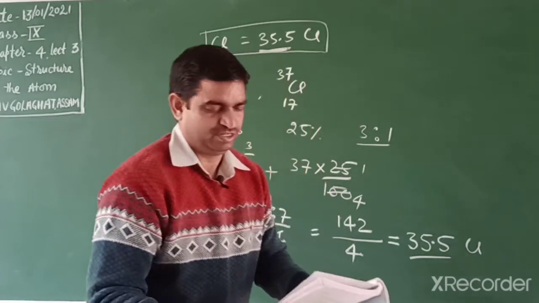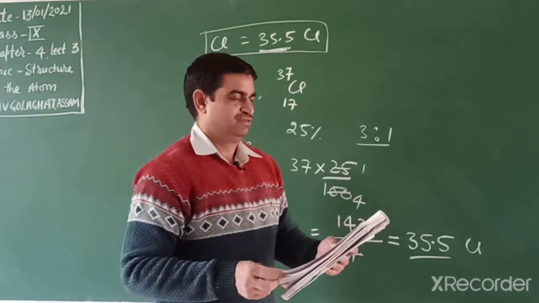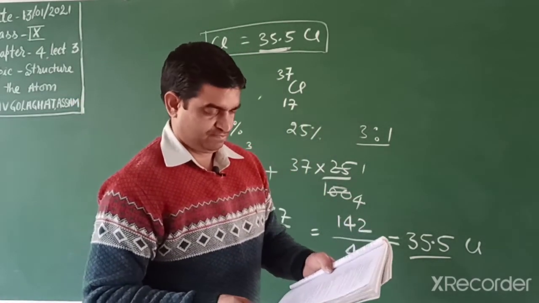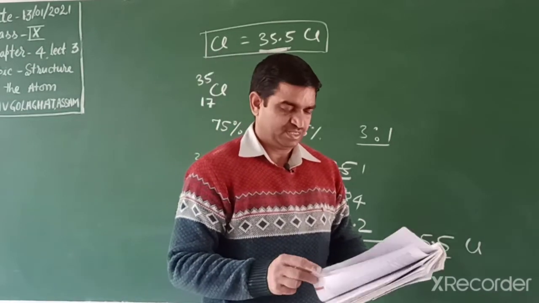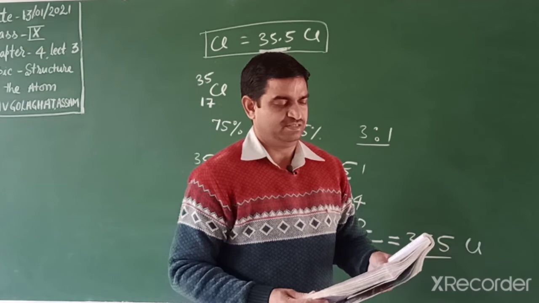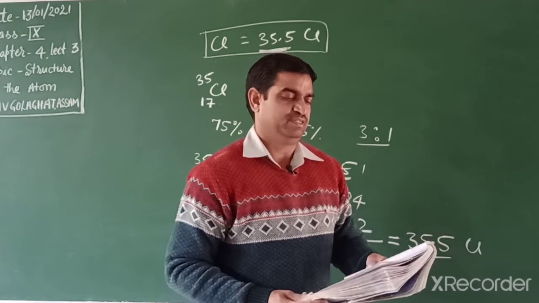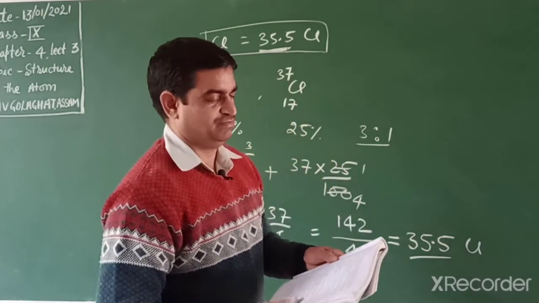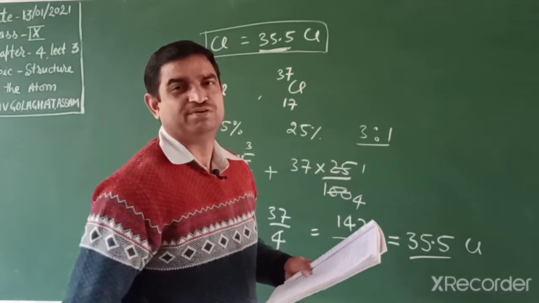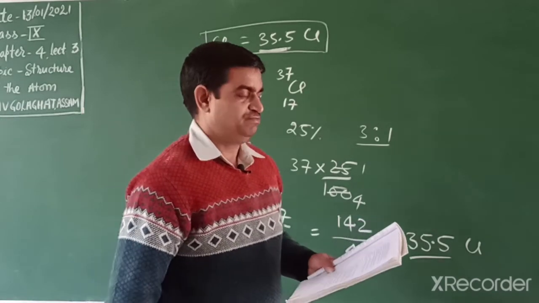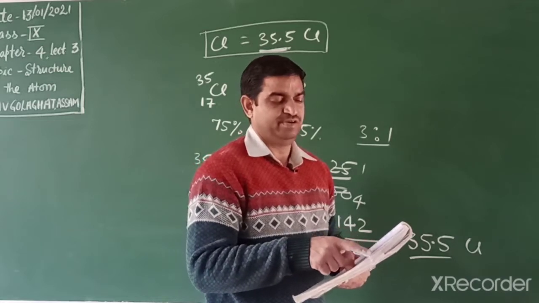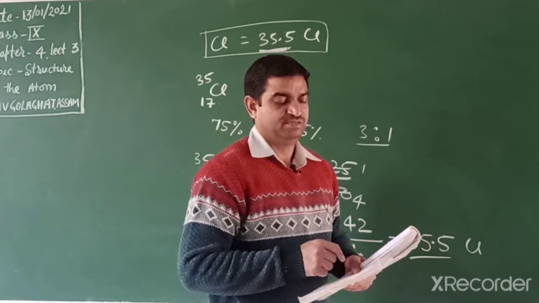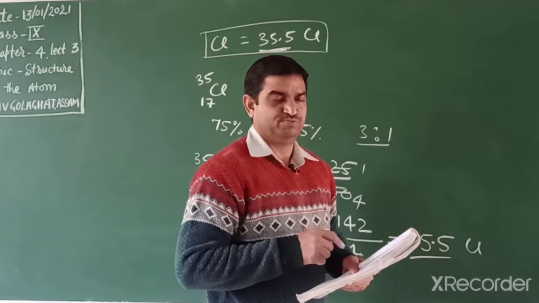Two questions are given in your NCERT book, one in the text questions, and in the exercise question number 10 and the other one 11. These two questions generally come in the exam. First we solve question number 10.